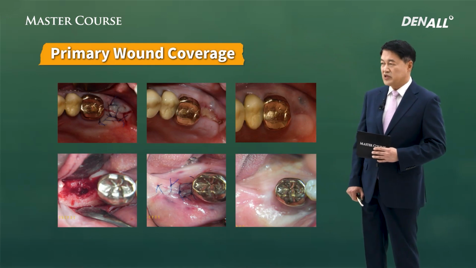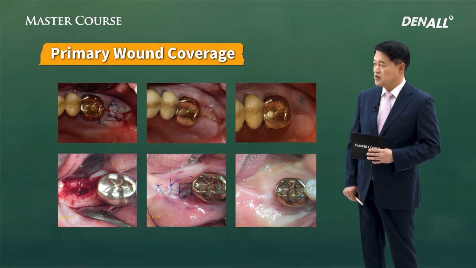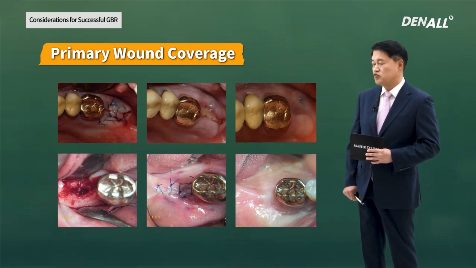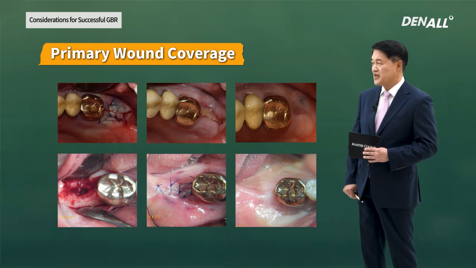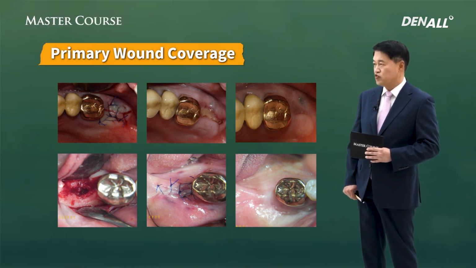First, primary wound coverage. Let's compare the cases above and below. There's a stark difference. Below, there is nice primary wound coverage and healing is done nicely. In the case above, there's wound dehiscence and secondary healing was done. Which has better GBR result?